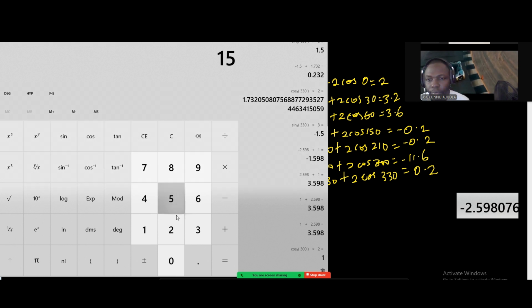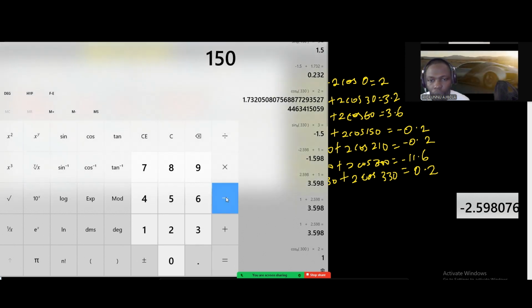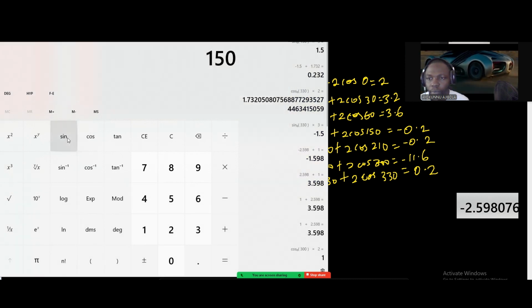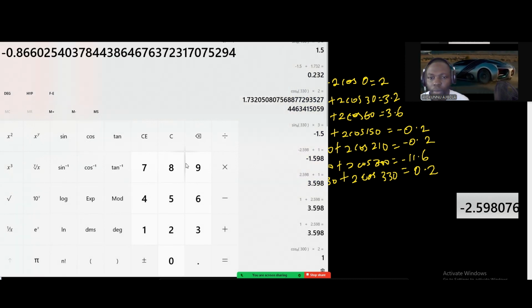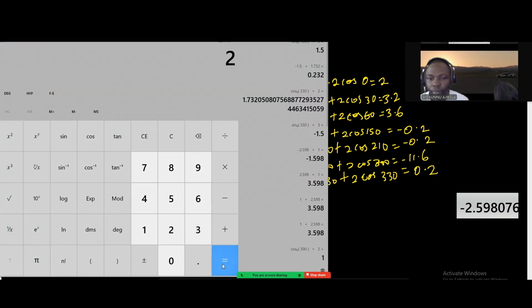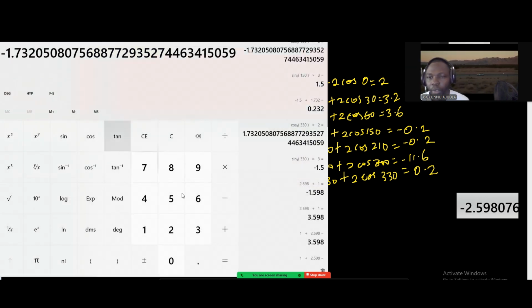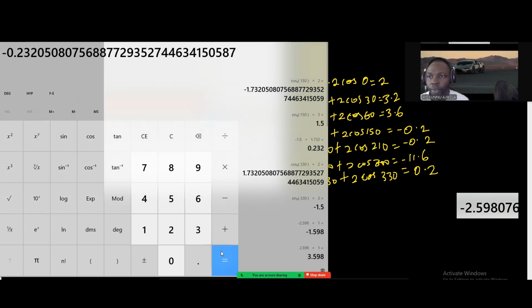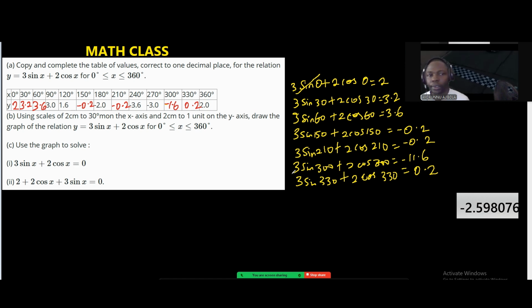Then cos 150, times 3, times 2 gives this one. So plus 1.5 is still 0.2, so that means it's correct. So this is the value we want to plot on the graph, okay?